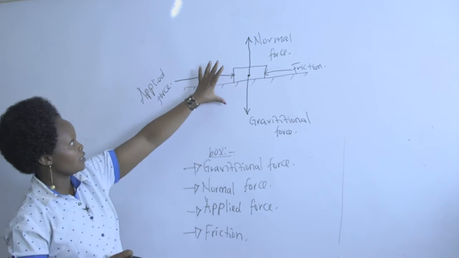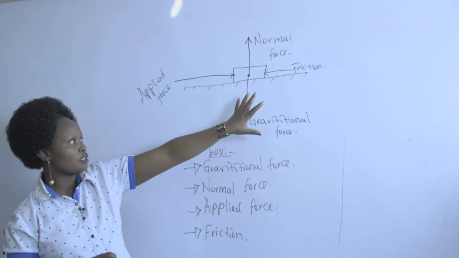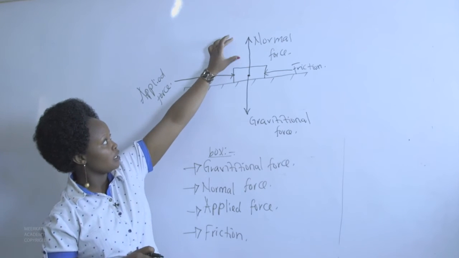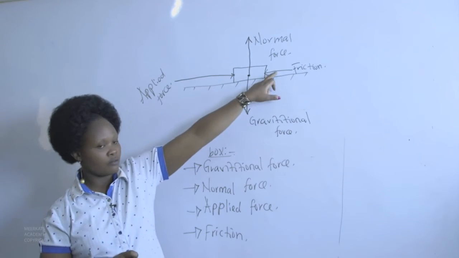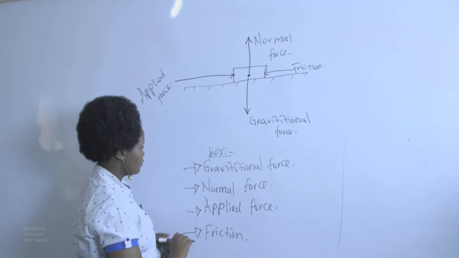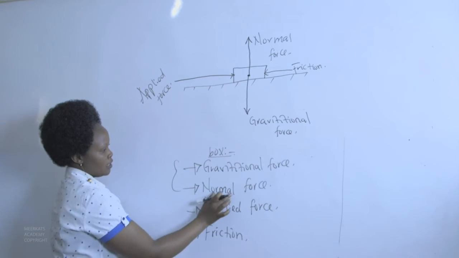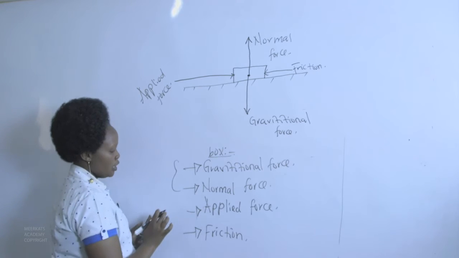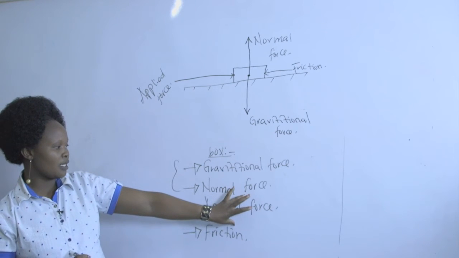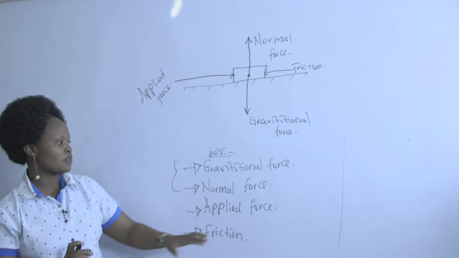Now, look at the arrows even before we go to the resolution of the net force. We said that the arrows should give you an idea on the size of the forces. Now, the first pair is that of gravitational and the normal forces. Then we have the second pair, that one of applied force and the friction force.